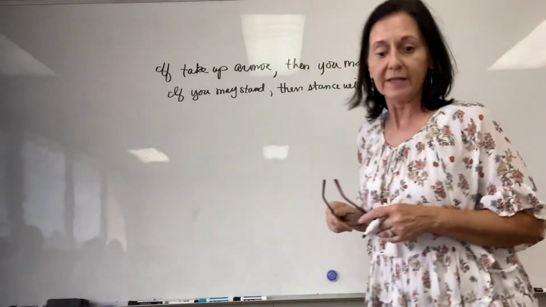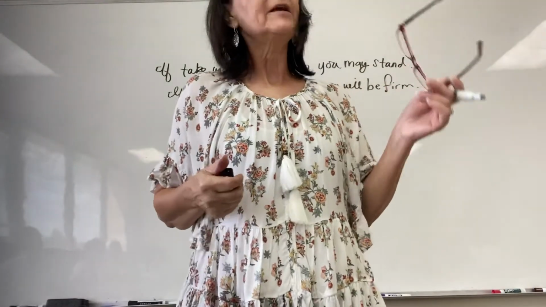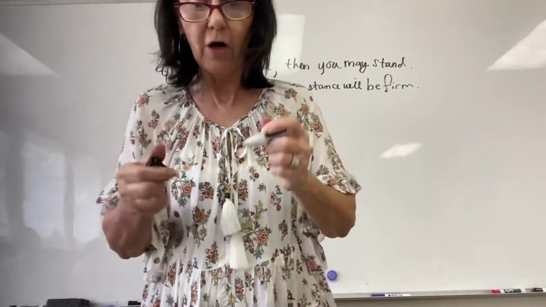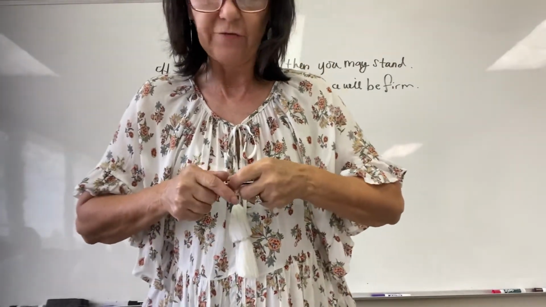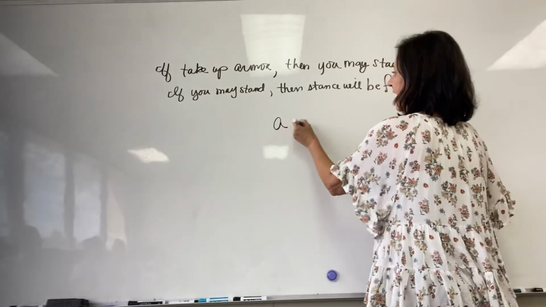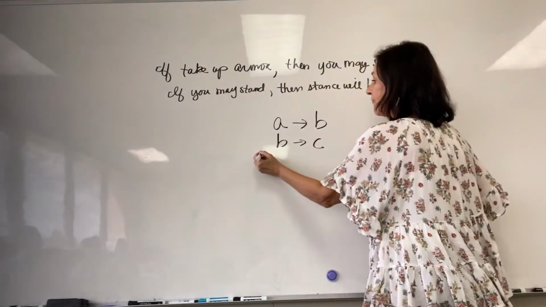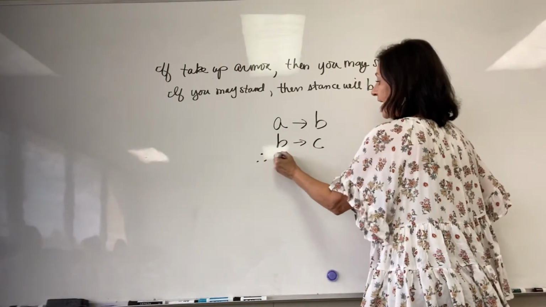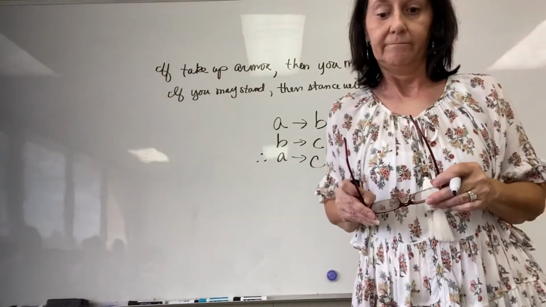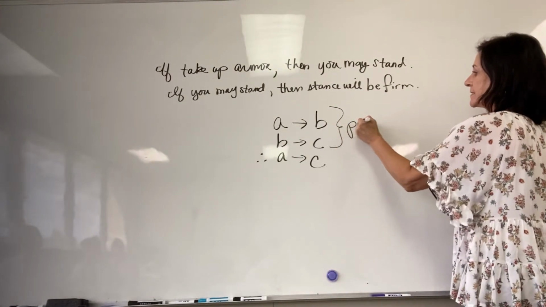All right, so I could write this as a Euler diagram because this is a syllogism. Look at the definition of syllogism on page 51. It typically has fewer conditional statements. All right, so let's just look at the syllogism on page 51. It says, if A, then B, if B, then C, therefore, if A, then C. These two statements, they're called premises.